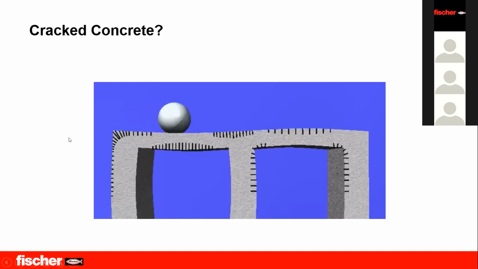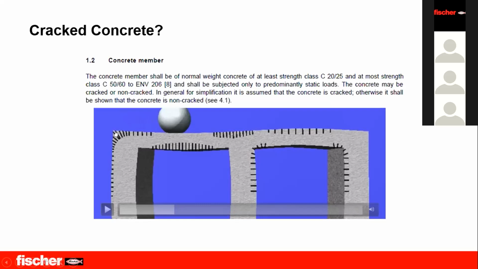This is the difference between cracked and non-cracked. The European Technical Authority recommends that if you don't know whether the concrete is cracked or non-cracked, you should assume that you will fix in cracked concrete, which is the critical case.